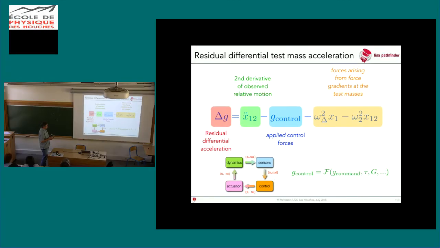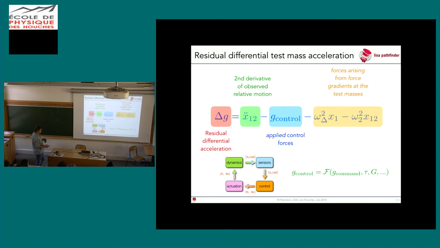Now, this control force we sort of know, okay? We know what we asked for. We know what we commanded. We don't actually know what was applied. Remember this little picture from before. What we do know is this quantity here, which is the amount of newtons and newton meters that we tried to apply to the system, but we don't perfectly know the actuator, and so we don't perfectly know what forces and torques were applied on the bodies themselves.